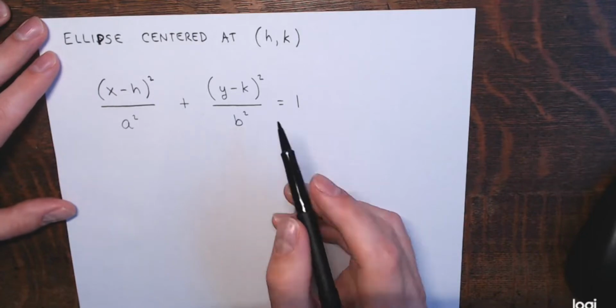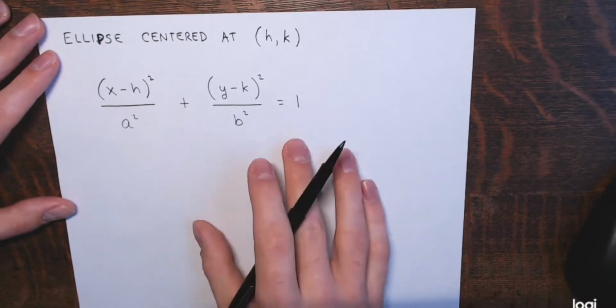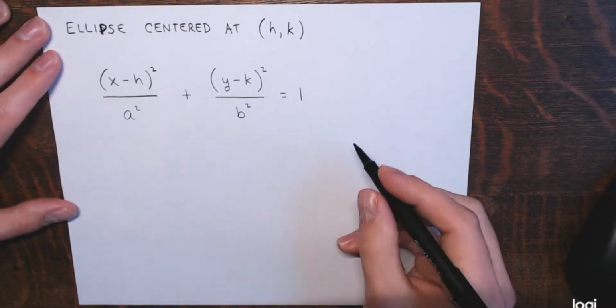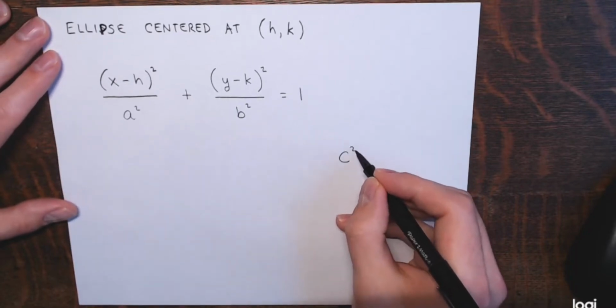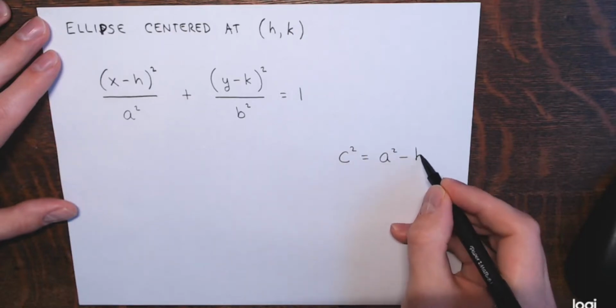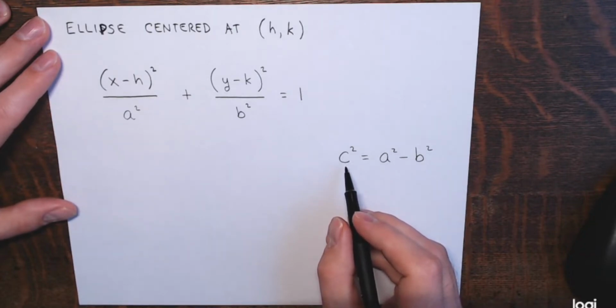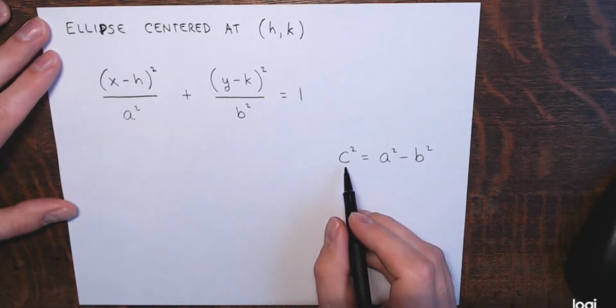And then little c was not on the formula, but we can find it using a and b. Little c squared was little a squared minus little b squared. And then little c told us how to get from the center to the focus, and to both foci, and the foci were both on the major axis.